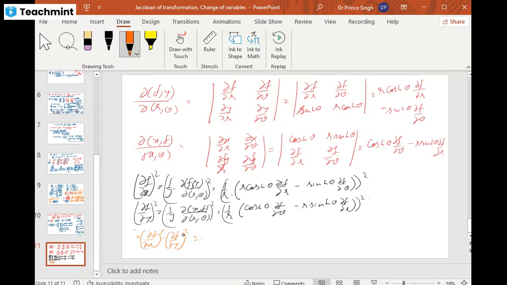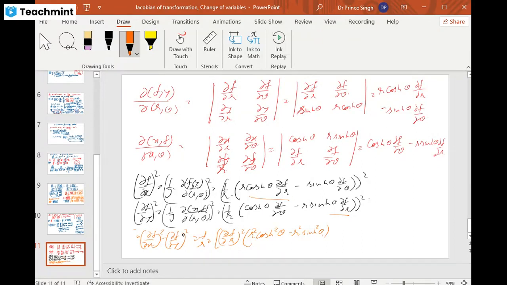If we are squaring and subtracting, 1 upon r² is common. So this is the r term, this is the r term. Okay, so (∂f/∂r)², its coefficient, because of squaring and subtracting, is r² cosh² θ minus r² sinh² θ.